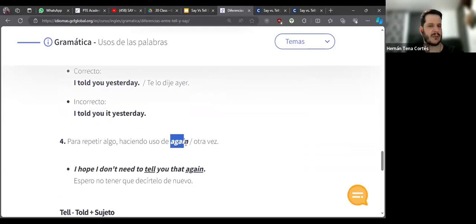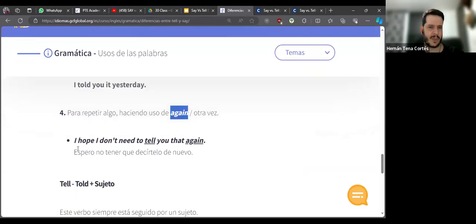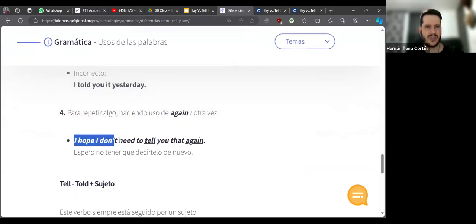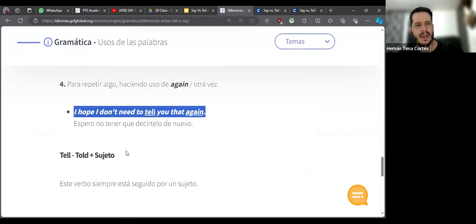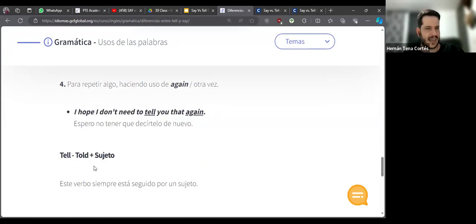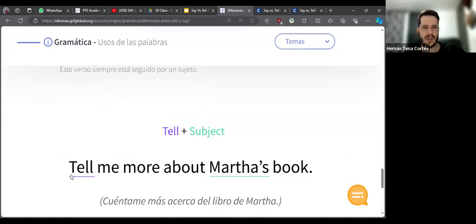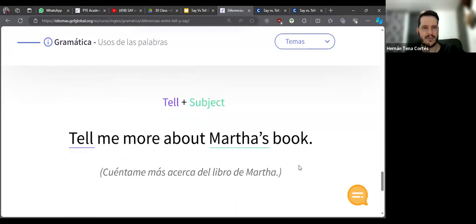Hay veces lo utilizamos para repetir algo. I hope I don't need to tell you that again. Cuando usamos tell or told, después del tell or told, ahí sí ponemos el objeto, no hace falta el to. Tell me more about Martha's book.